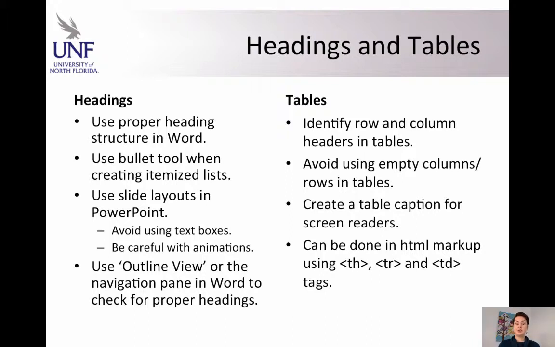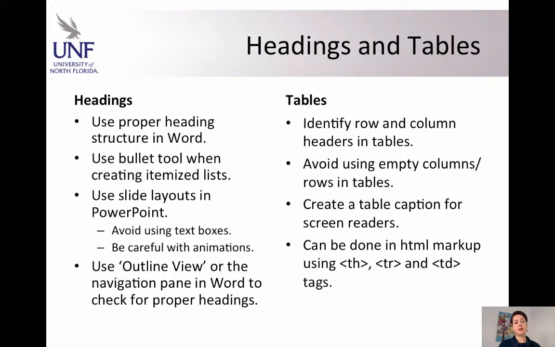So avoid that if possible. In addition to your table having proper headings and avoiding empty columns and rows, you should also create a caption for your table. Just a quick caption: this is a table of the data of XYZ.